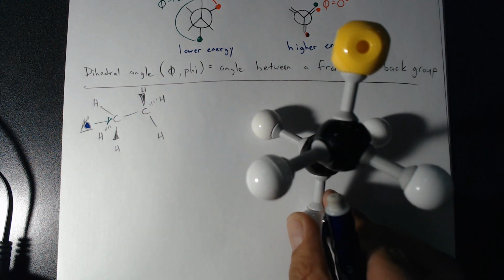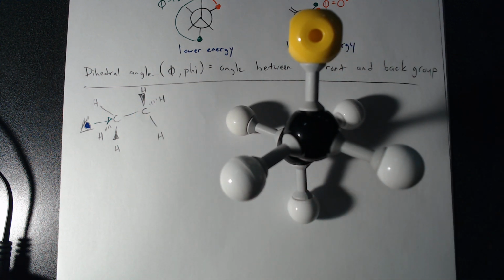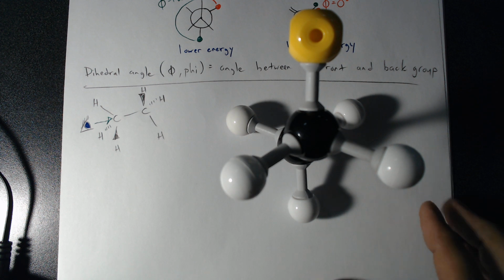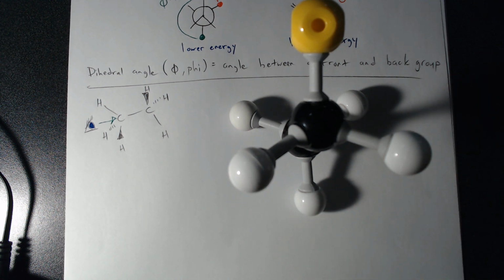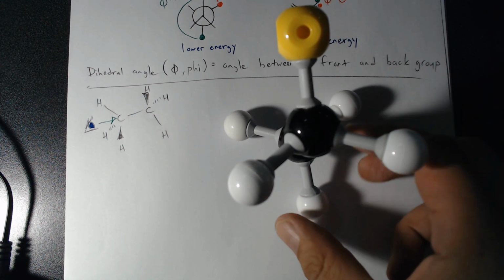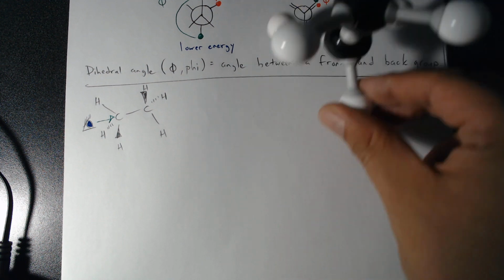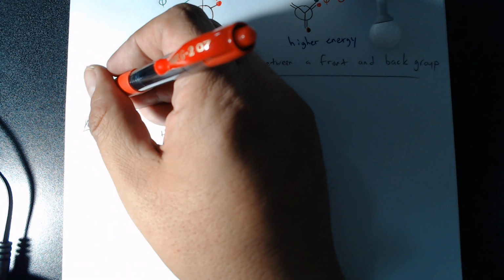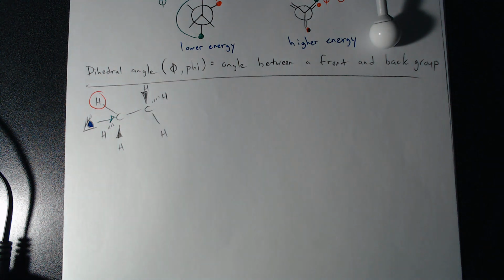So we're basically going to look at it like this. We're going to draw this first conformation, then rotate it 60 degrees and keep going, and look at the energies with it. I'm going to label this on paper by circling the hydrogen that lines up. So that hydrogen is this one.